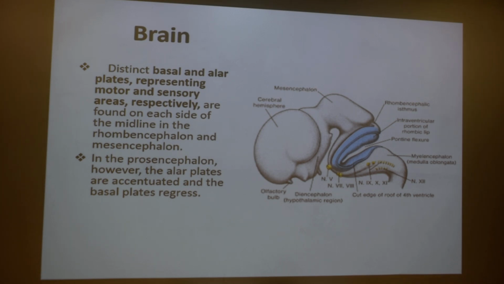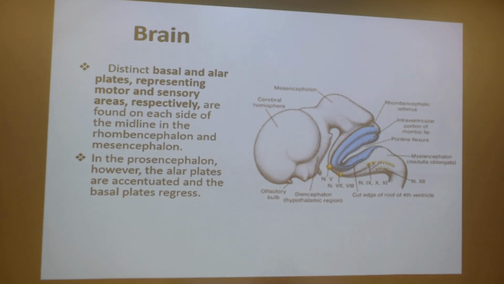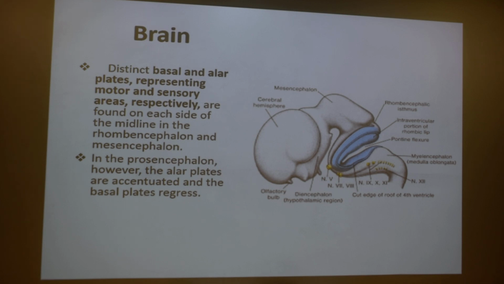As the neurons develop processes, they extend into the mantle and marginal layers, which results in the formation of the white matter. So the gray matter was in the center, formed by the basal plate and the alar plate, and the white matter came out in the mantle and the marginal layers, which are the processes of these neurons.